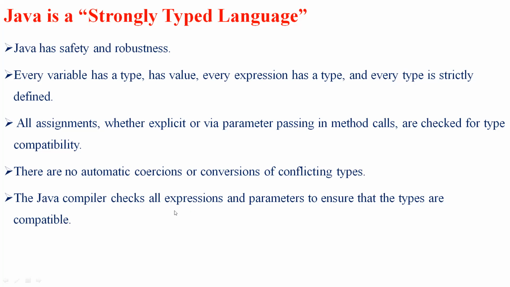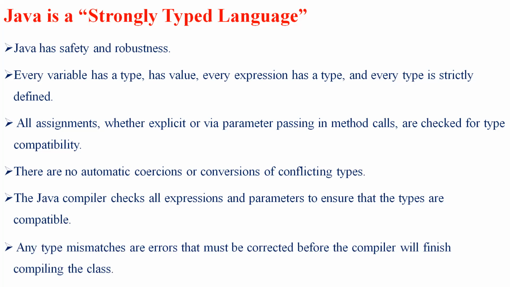The Java compiler checks all the expressions and parameters to ensure that the types are compatible. Whenever we compile a program in Java, it checks all the expressions and parameters in order to ensure the safety of the program and that each and every data type is compatible in nature.